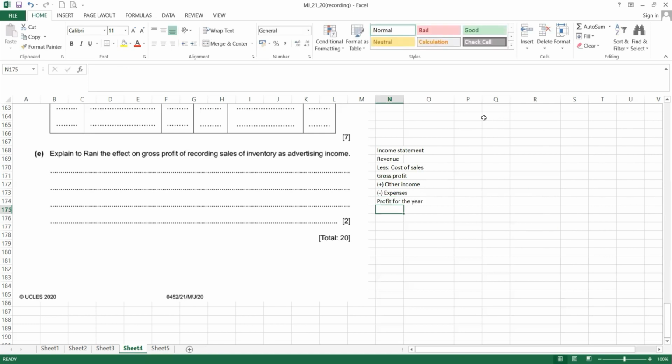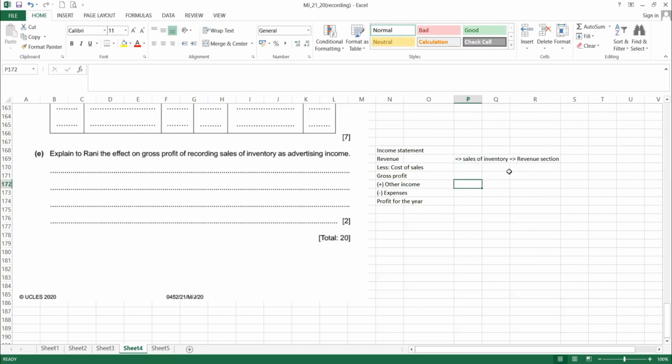Okay. So now, based on this information, they say explain to Rani the effect on gross profit of recording sales of inventory. The sales of inventory by right should be under the revenue section.